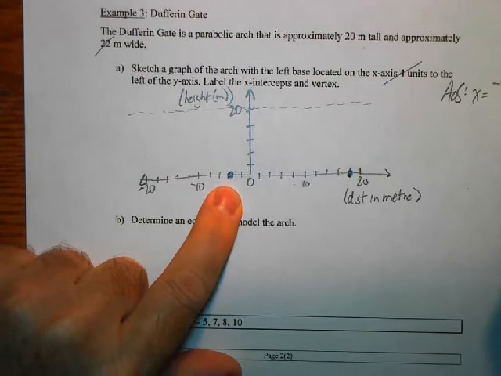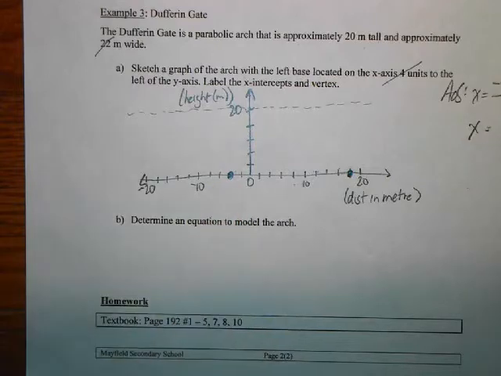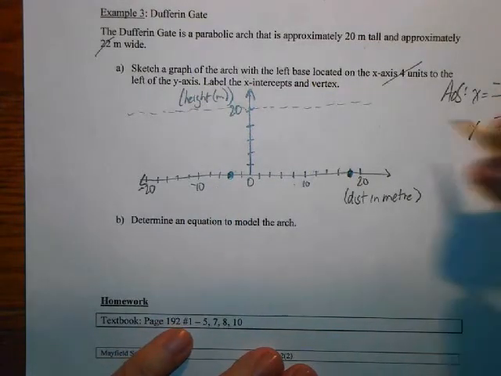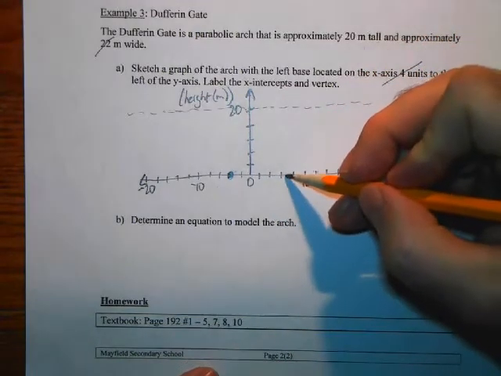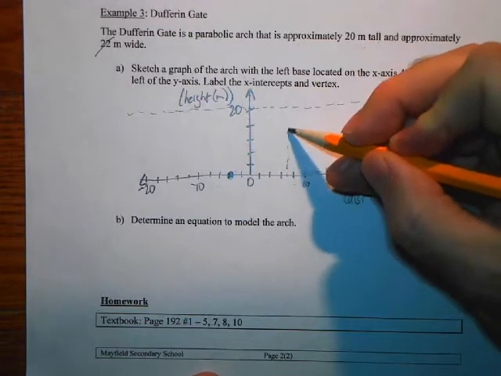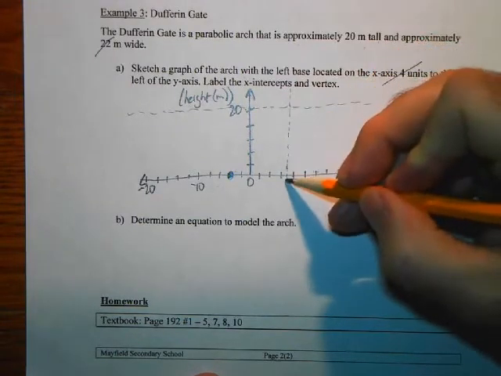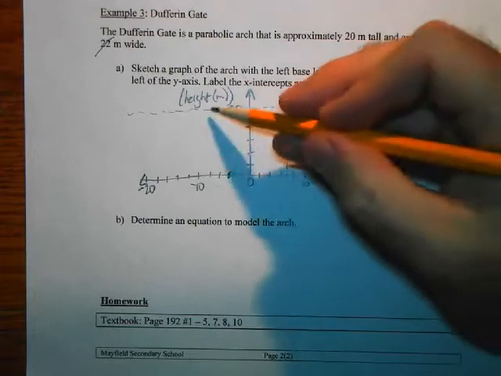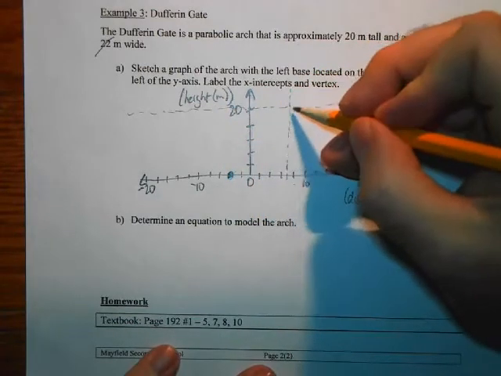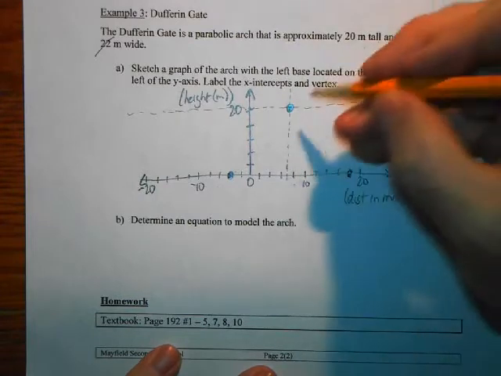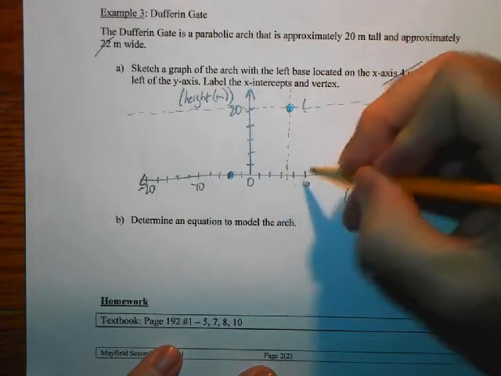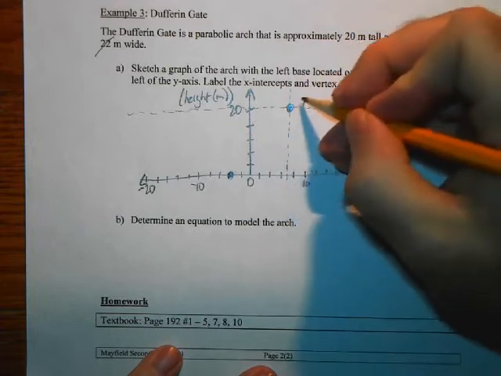So add them together and divide by 2. So that's 14 divided by 2 is 7. So the axis of symmetry is x equals 7. If I run that up there, that will intercept with the height of the gate. So that point there is the vertex. And we know that coordinate is 7, 20.